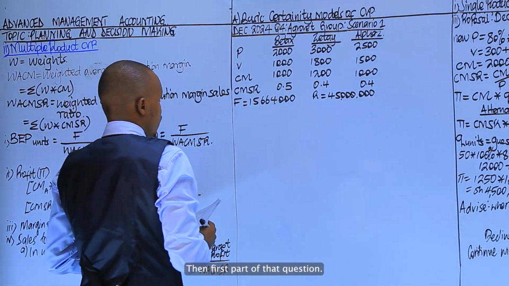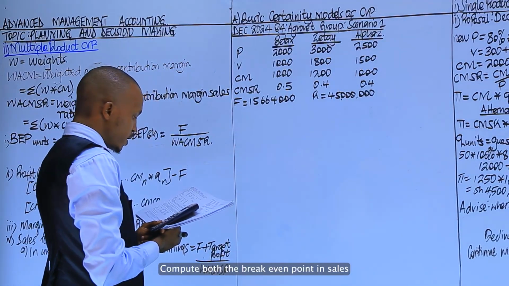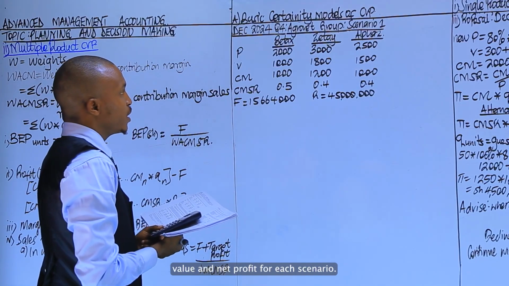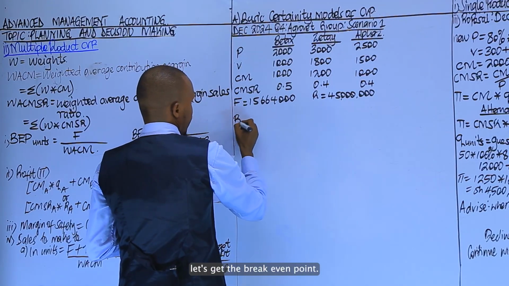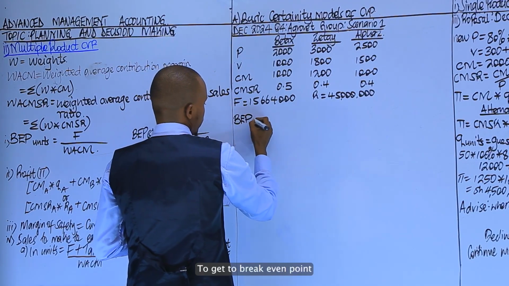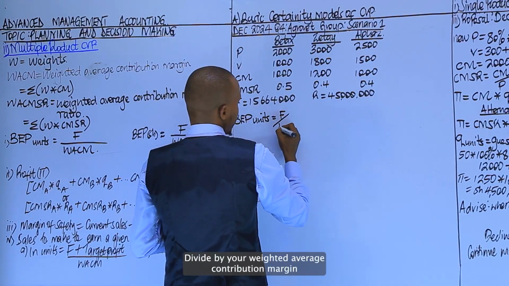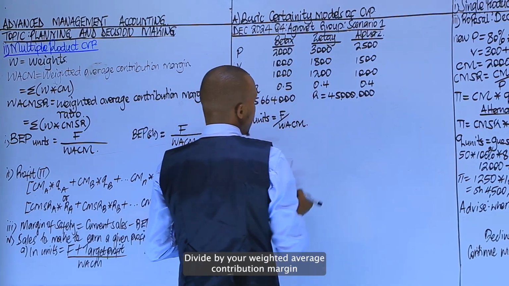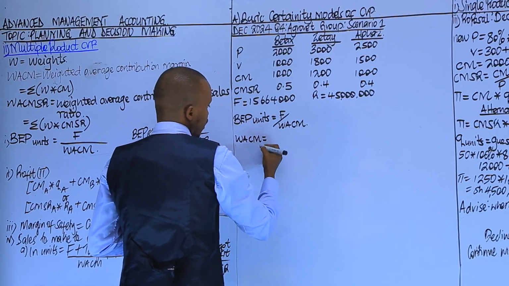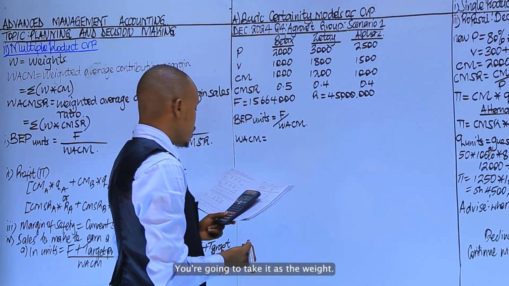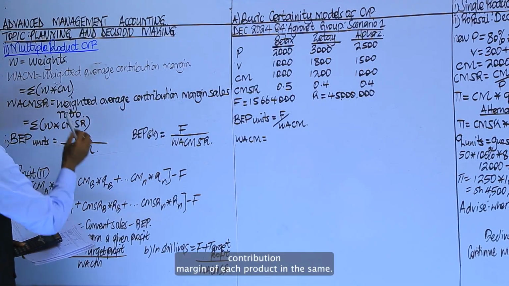Then the first part of that question: compute both the break-even point in sales value and net profit for each scenario. Let's get the break-even point. To get your break-even point in units, it is your fixed cost divided by your weighted average contribution margin. And your weighted average contribution margin, you take the weight times the contribution margin of each product.